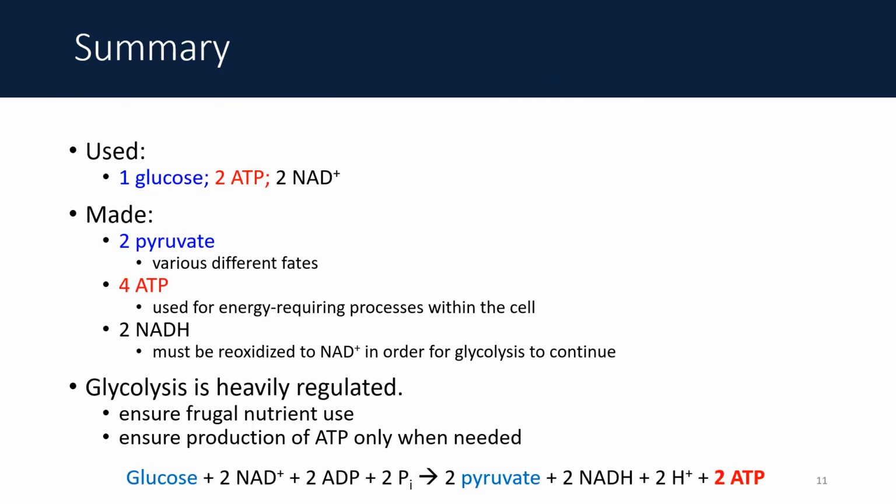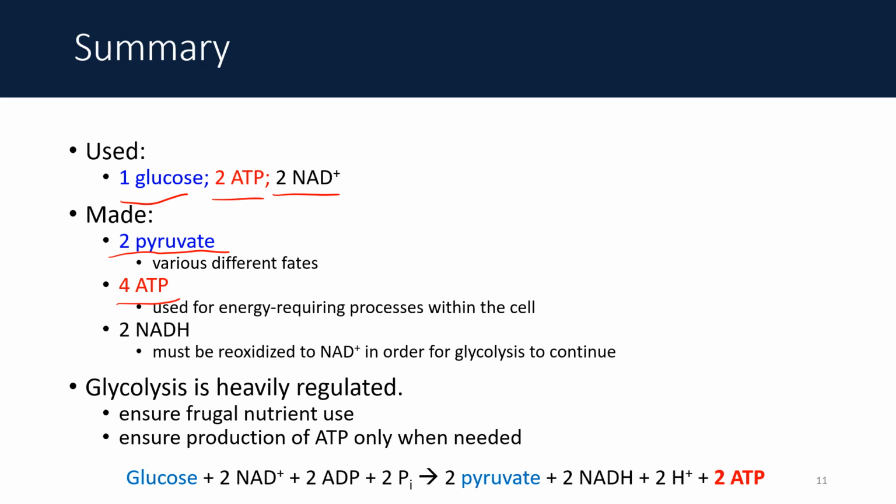Putting it all together, one round of glycolysis will consume a glucose molecule, 2 ATP molecules, and 2 NAD pluses, which will be serving as oxidants. In the process, we are going to make 2 sugar acids, 2 pyruvates, and these pyruvate molecules have many different cellular fates, which we will unpack soon enough. We will be making 4 ATP, which can be used to power the energy-dependent processes within the cell.